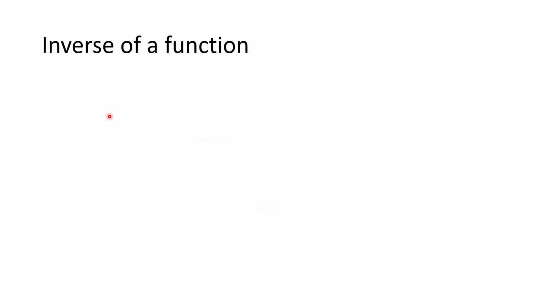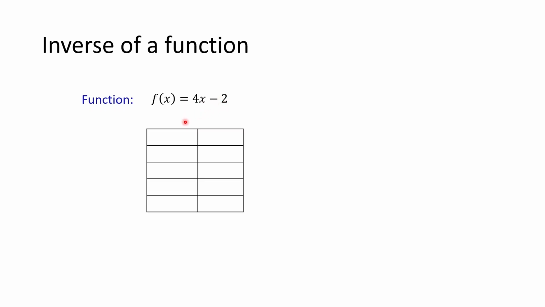Inverse of a function. Here I am taking a function f, that is f of x is equal to 4x minus 2. Now I am going to make a table for the x and the y values of this function.